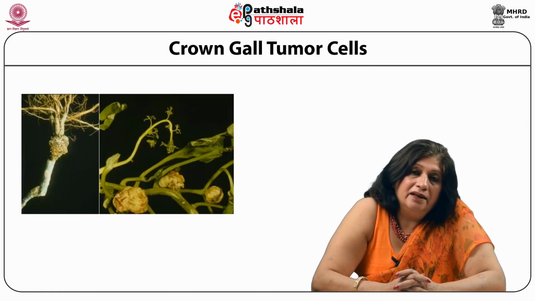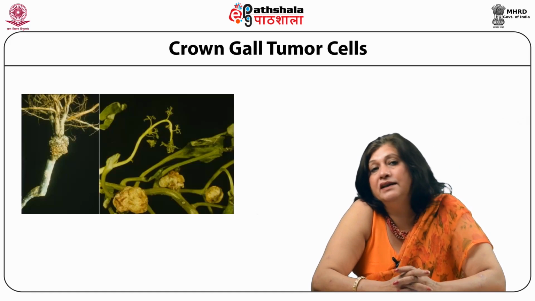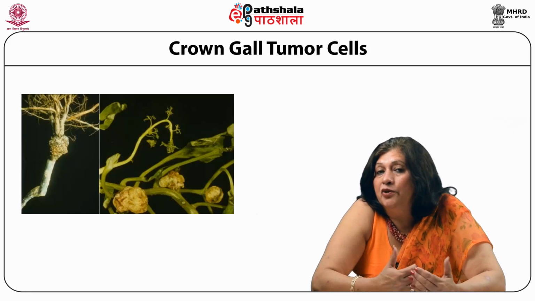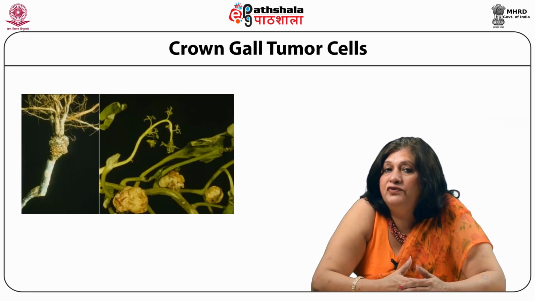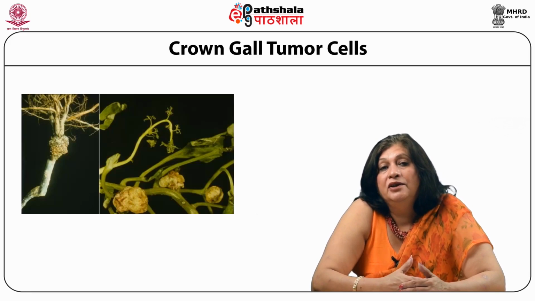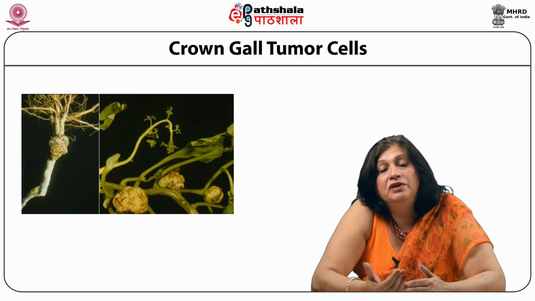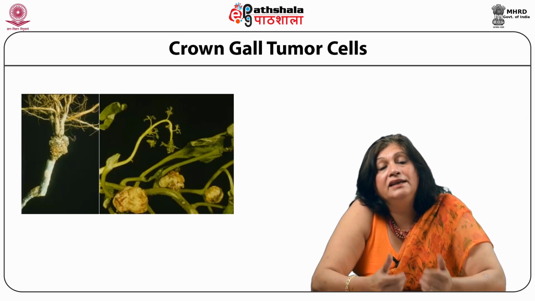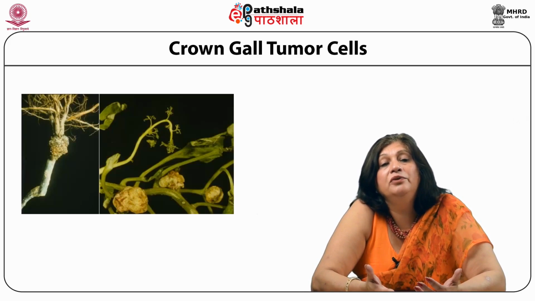The interesting part to note is that otherwise we always say that it is species which are closely related whose genomes can be combined. But over here we are talking of the genome of a bacterium which is getting integrated into the genome of a higher plant. And more than that, it is getting multiplied, replicated along with the cell, which is leading to tumor formation.